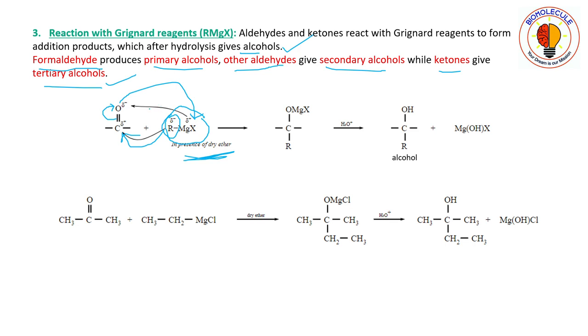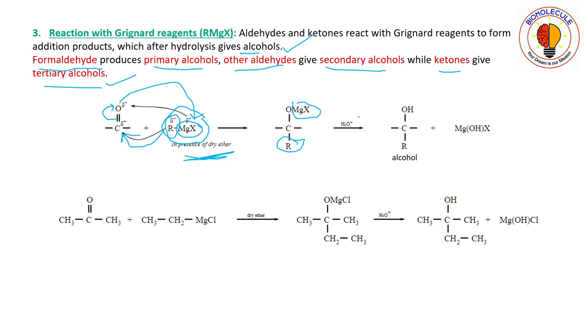Here the arrows are showing that this R portion will go over to carbon, and this magnesium halide portion will go over to the oxygen atom. They are indicating this only, but for a reaction you have to use proper arrows, negative to positive always. So we are getting R with carbon and magnesium halide with oxygen.